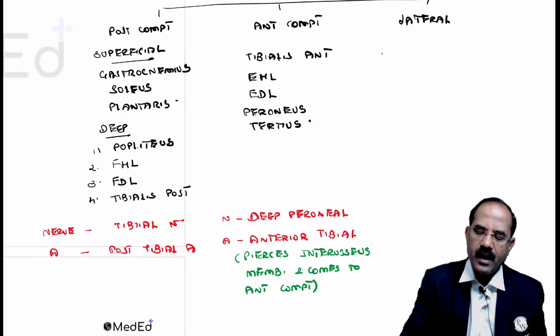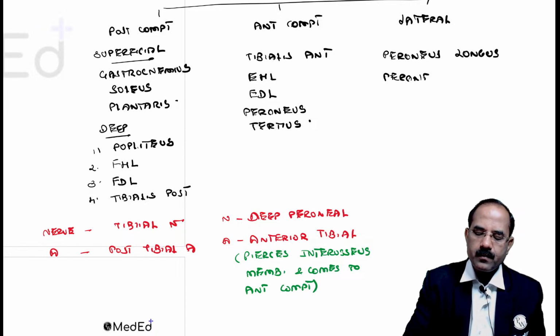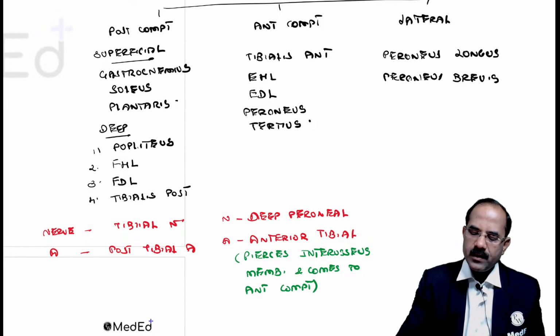अब एक last compartment is left, the lateral compartment. Which are the muscles? Peroneus longus and peroneus brevis. Which is the nerve here?